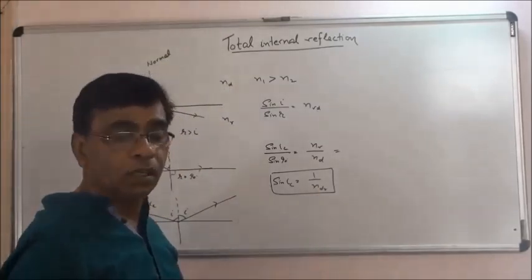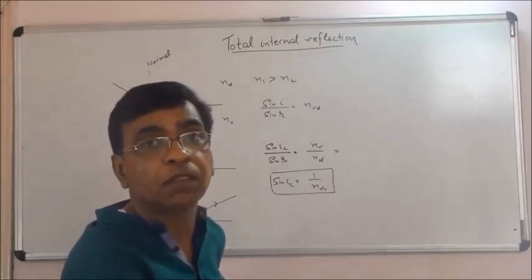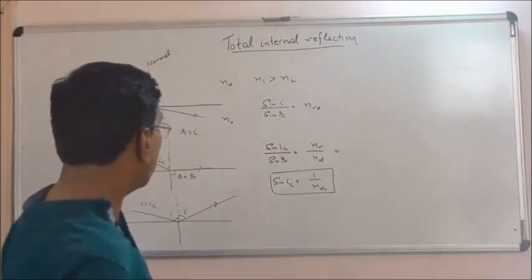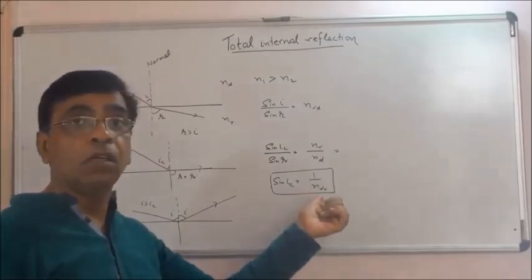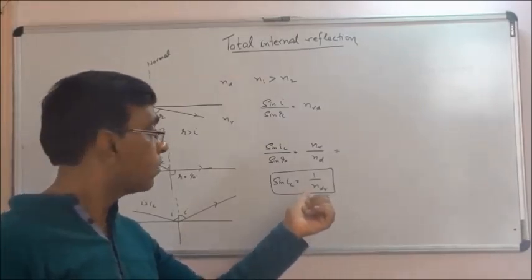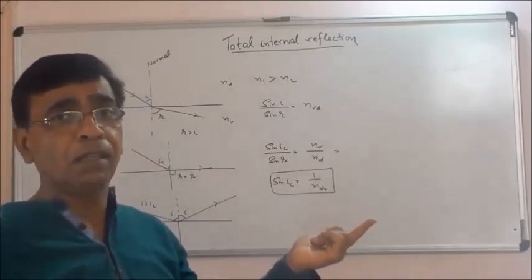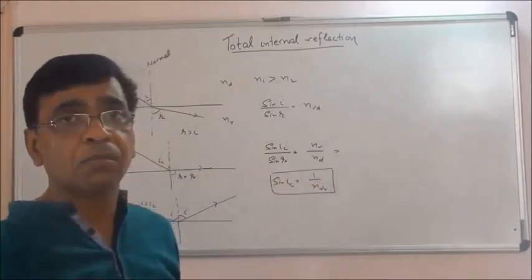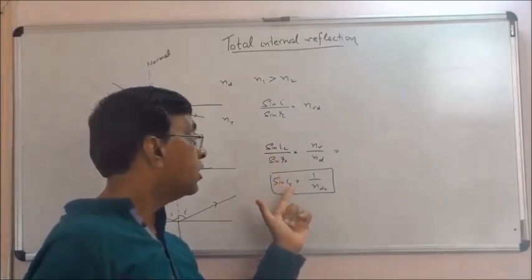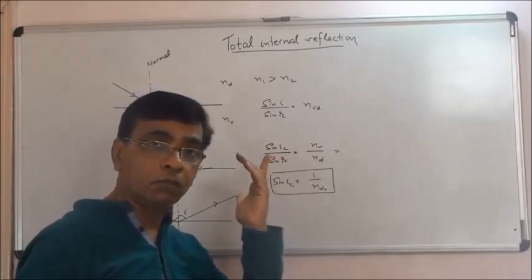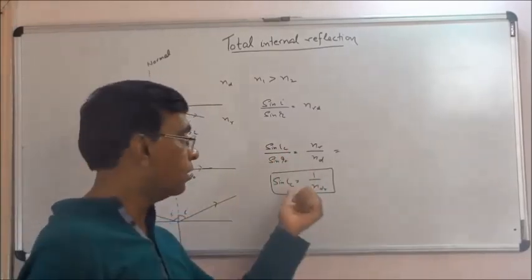It depends on the refractive index, and we have already done on what factors the refractive index depends. The value of the refractive index will depend on both the mediums, and it will also depend on the wavelength of light. From here we can infer now for which wavelength the critical angle will be maximum. Just think, for which wavelength, for which color, red or violet, is the critical angle maximum?